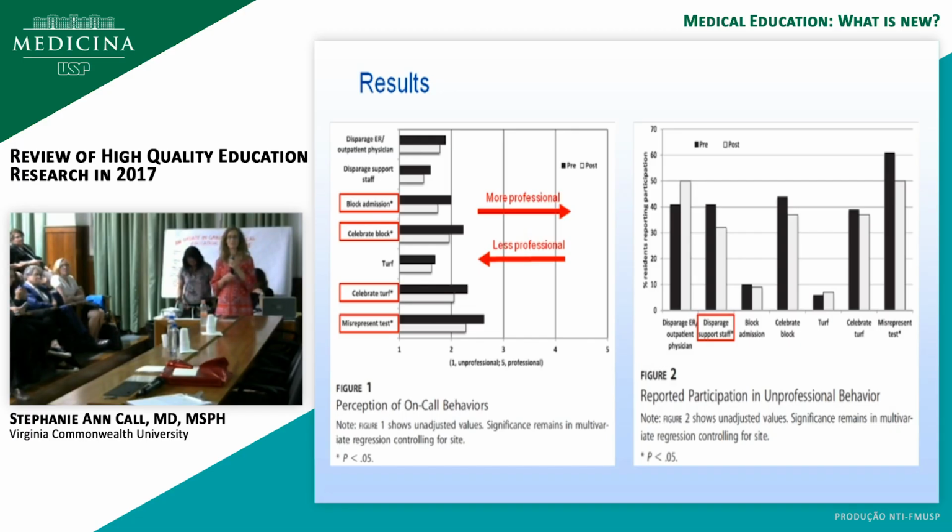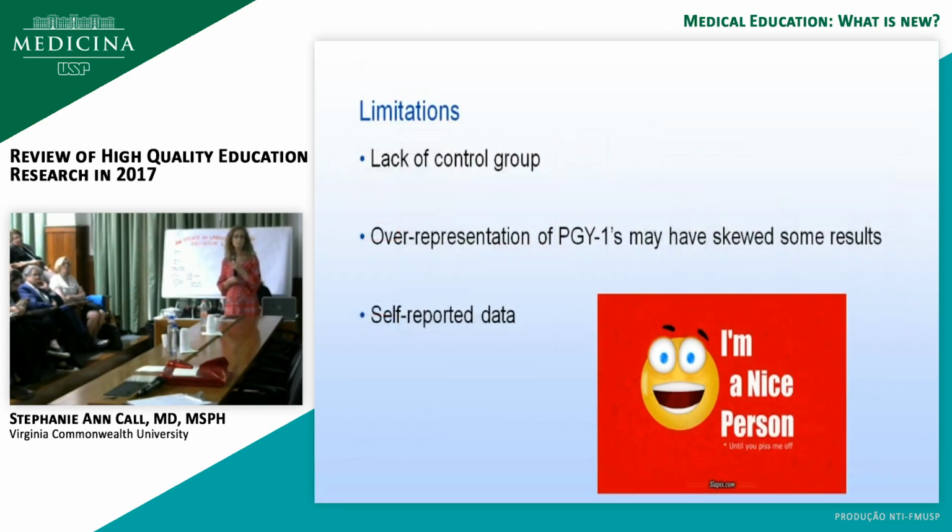After the workshop, that went up, actually. And again, maybe an enhanced recognition of those behaviors. I don't necessarily think the workshop made them less professional, we hope, but maybe a recognition of some of those behaviors. They did go down in sort of saying that they demonstrated some of those behaviors in disparaging support staff and in misrepresenting tests. So maybe some efficacy of the workshop.